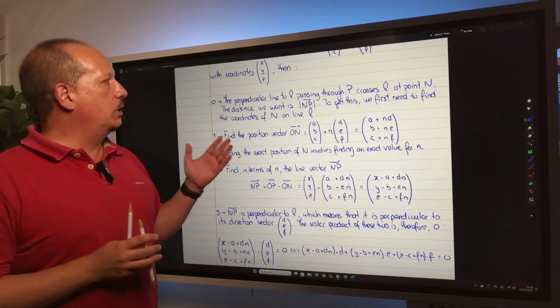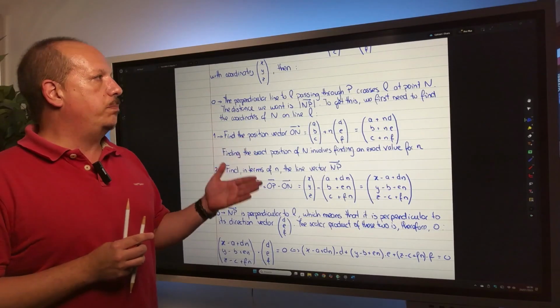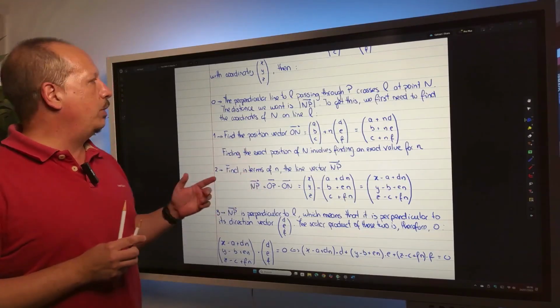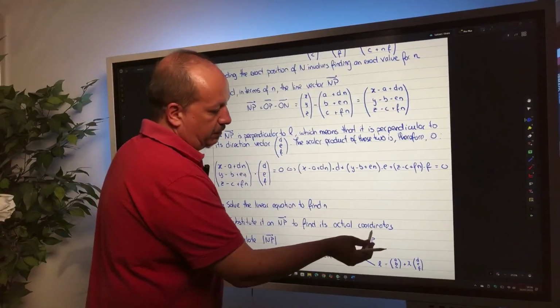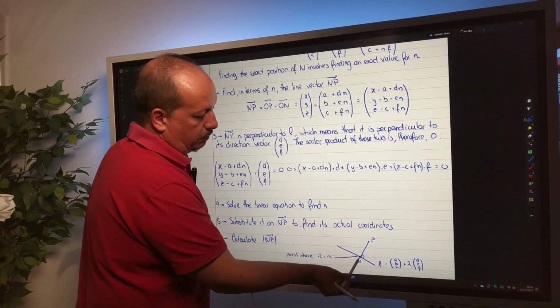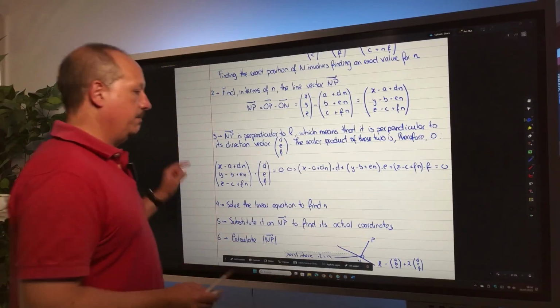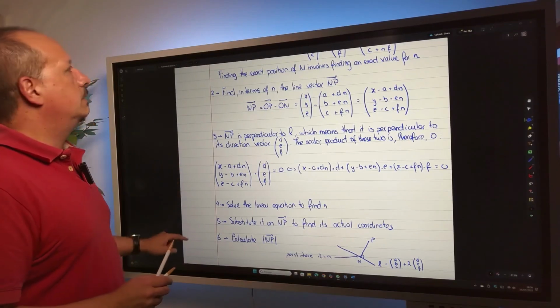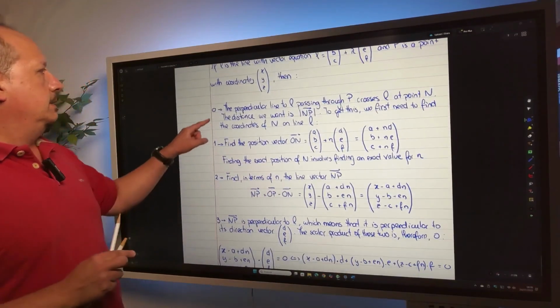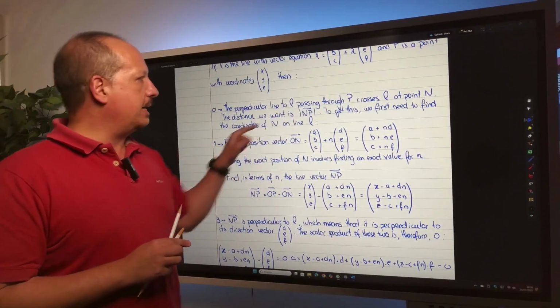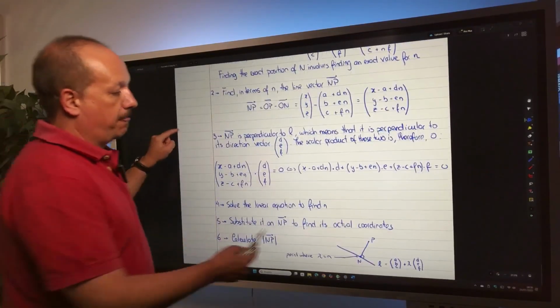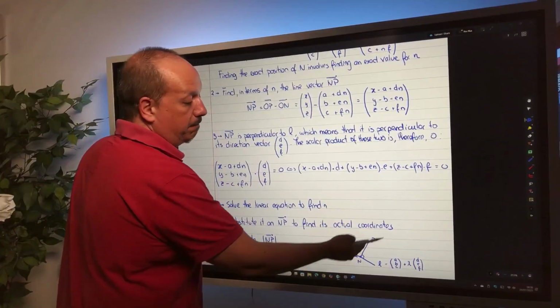The perpendicular line to L passing through P crosses L at point N. The distance we want is the distance NP, the magnitude of this vector NP.